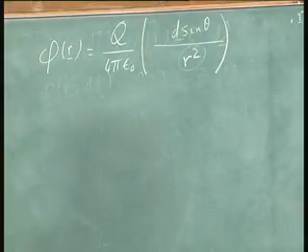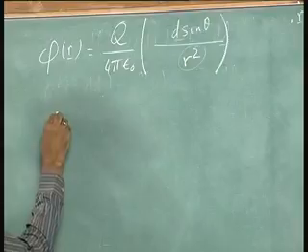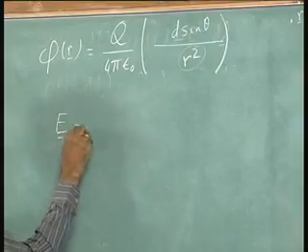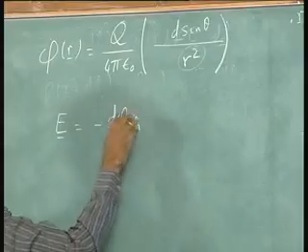Well, now all I have to do is to go from phi to E. So, I need to do electric field is equal to minus d phi dn n hat.